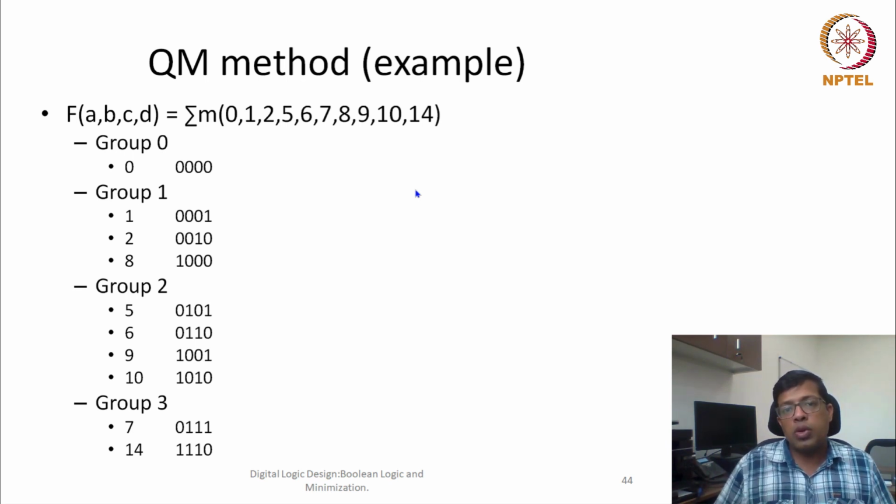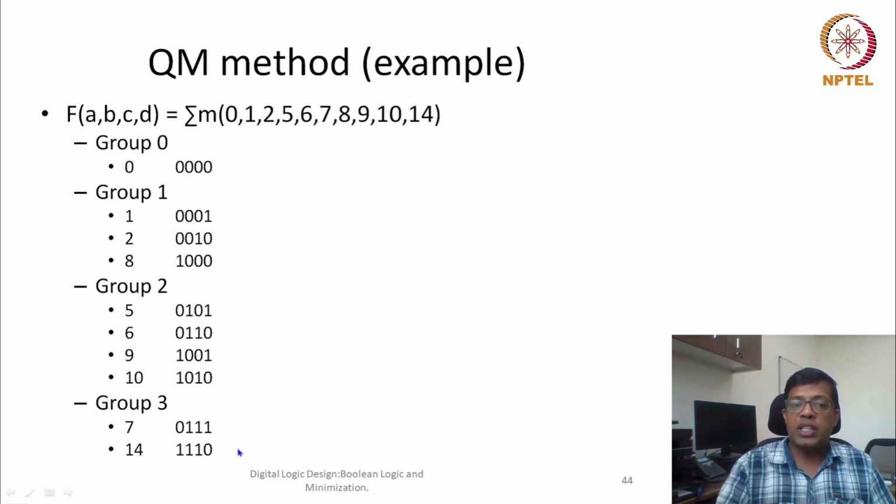So to reduce the number of comparisons, we arrange them based on the number of ones. For example, 0 will have no 1, so it is group 0. Min terms 1, 2 and 8 each have a total of one 1 in them. Similarly 5, 6, 9 and 10 each have two ones.